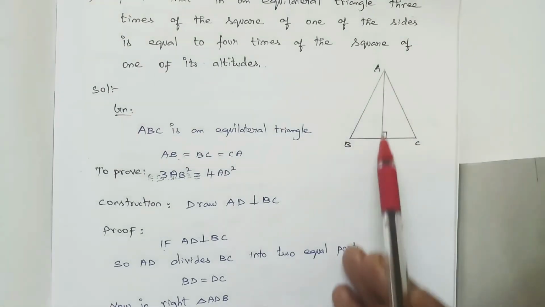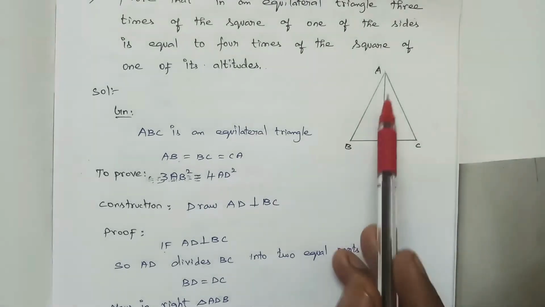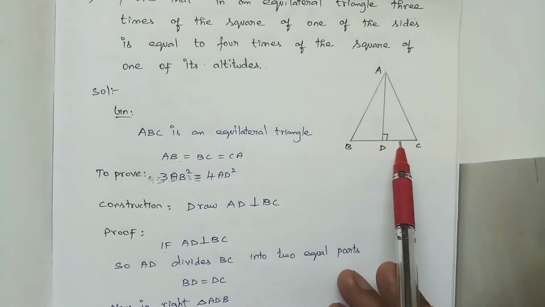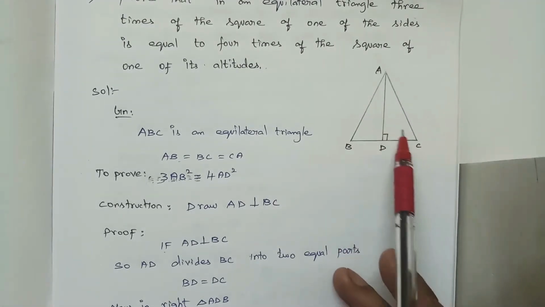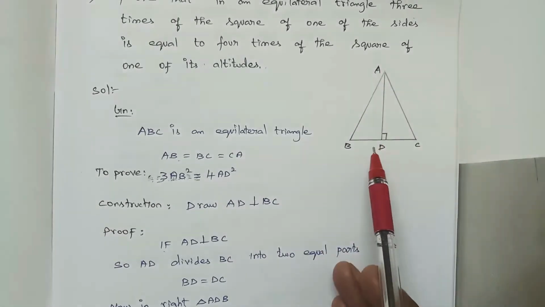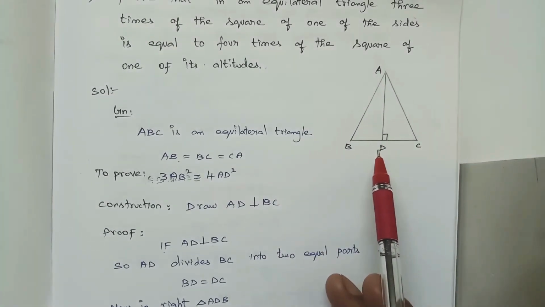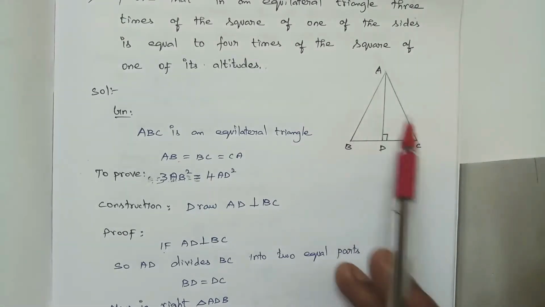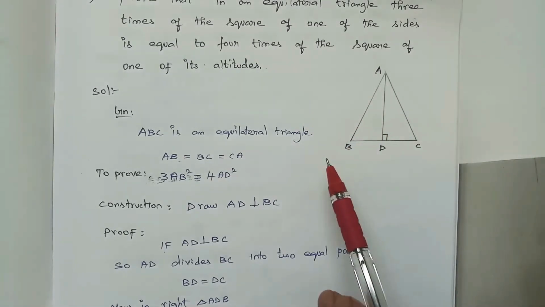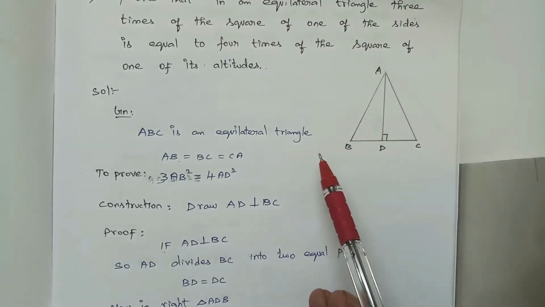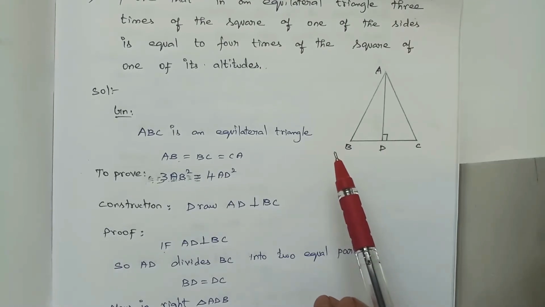If you draw the median, it will be perpendicular to BC. If you draw the perpendicular to BC, then AD will be the median. Only for an equilateral triangle are the altitude and median the same line segment, right?